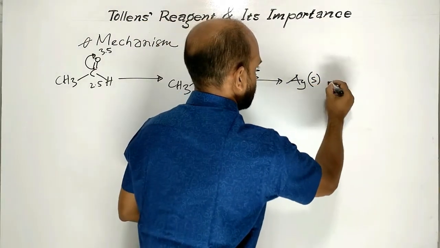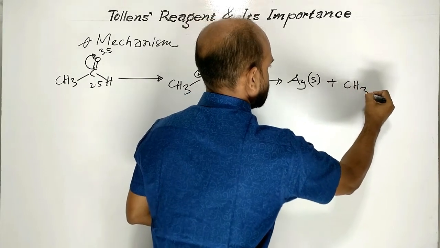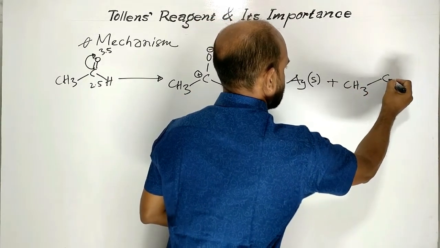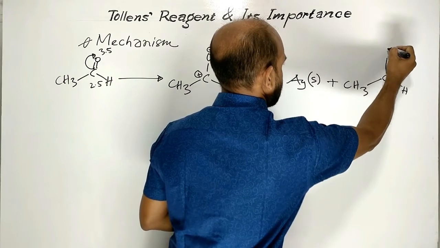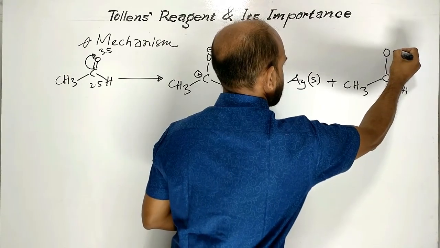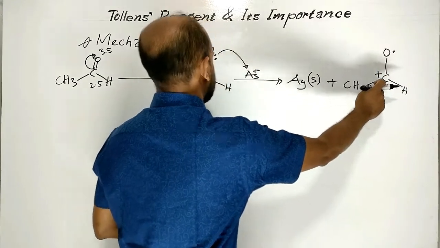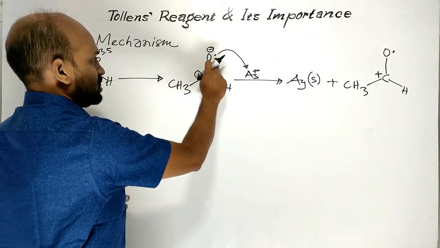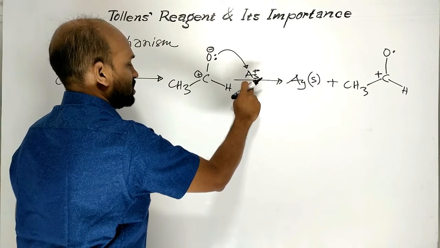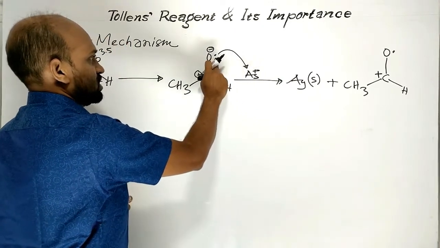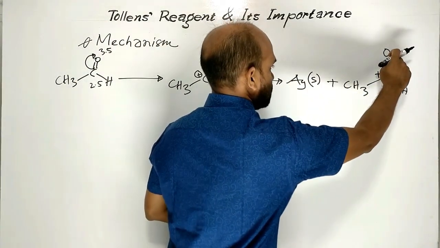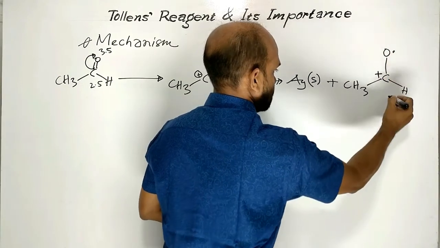Let's see. CH3, H, here oxygen free radical, carbon plus. That is, from these 2 electrons, silver received 1 electron and 1 electron is left here.